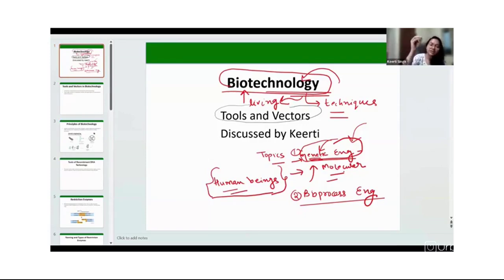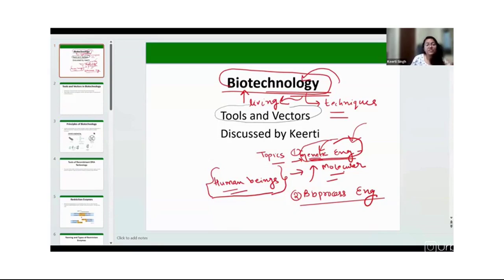We need to insert that gene in that particular area, right? And that gene needs to be expressed, right?